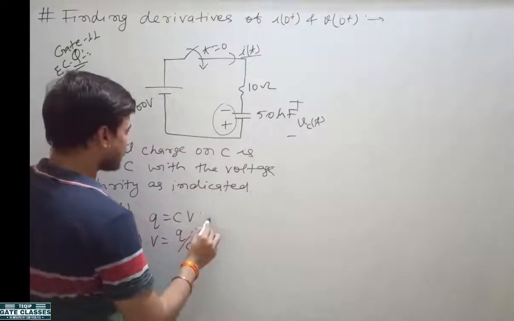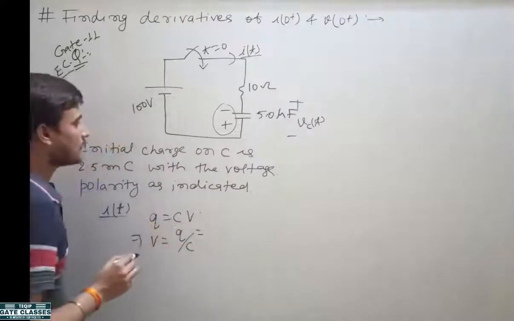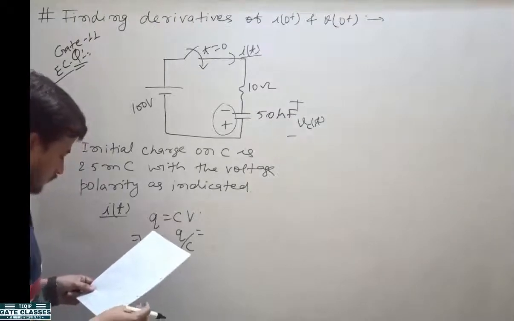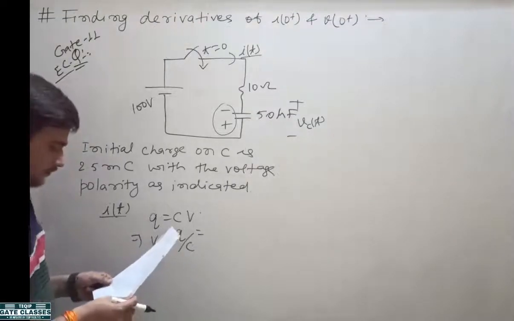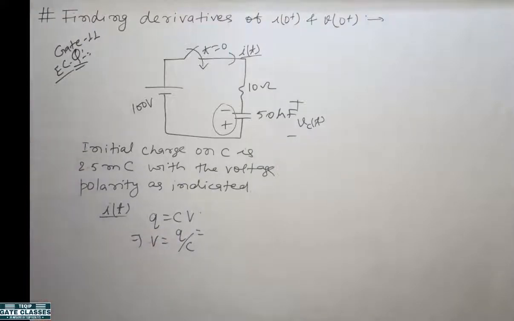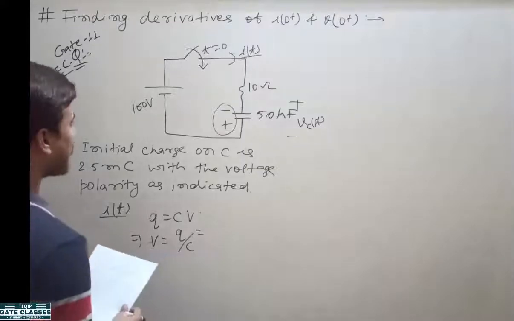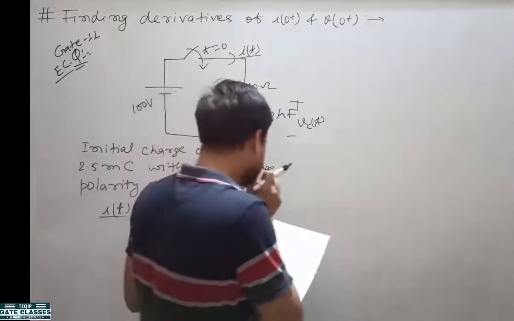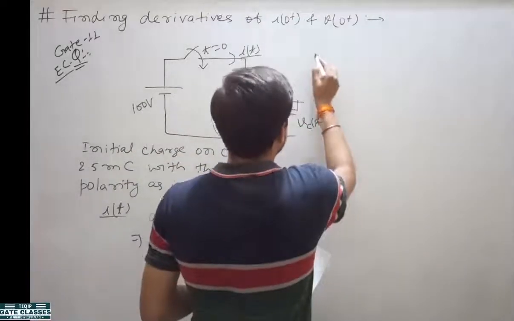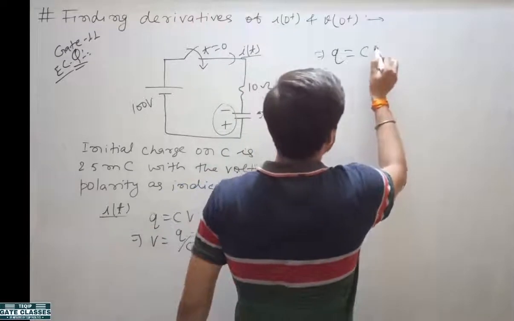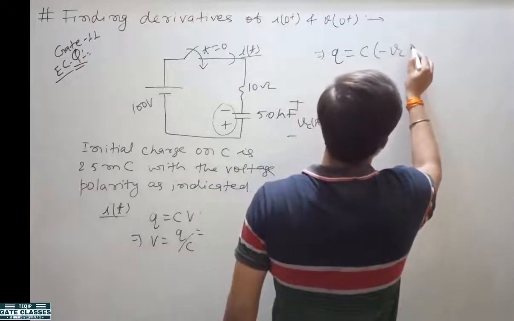That means 2.5 millicoulomb divided by the capacitor. The value of the capacitor given is 50 microfarad. So you will write Q is equal to C into minus Vc(0+).